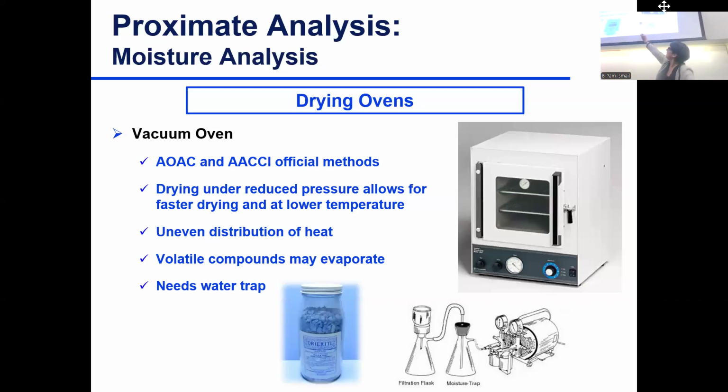So it just collects the moisture between the oven and the pump. And the desiccant changes color to purple when it's saturated. So we want to make sure that we dry the desiccant often so that it's always looking blue, not purple.